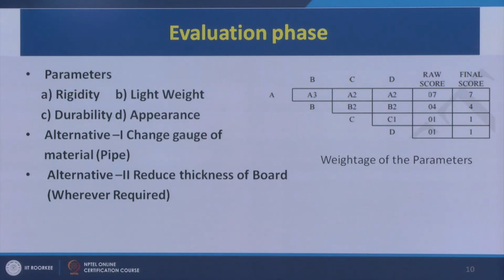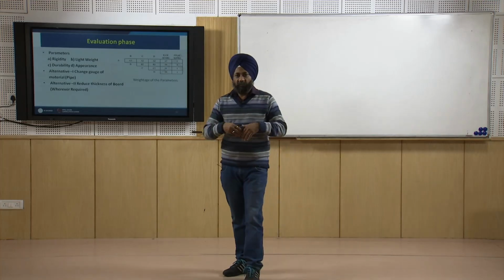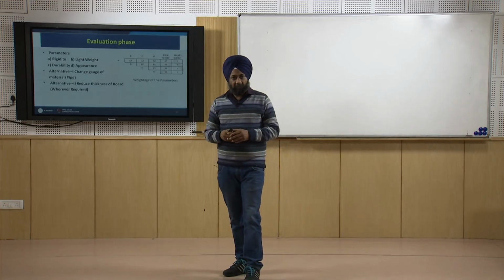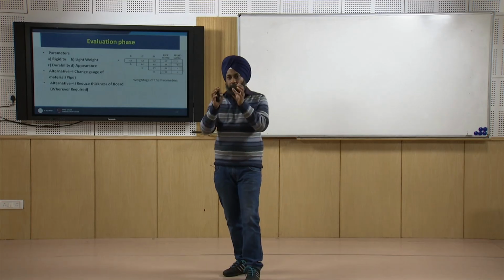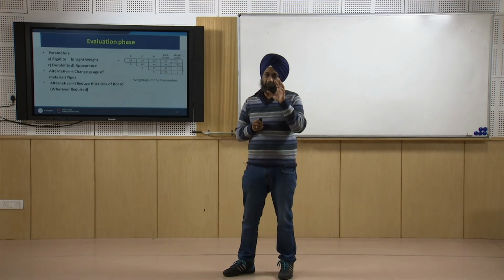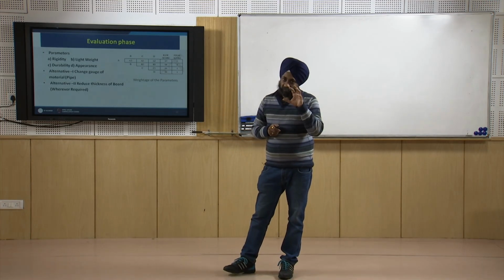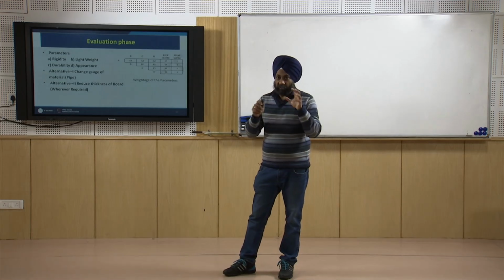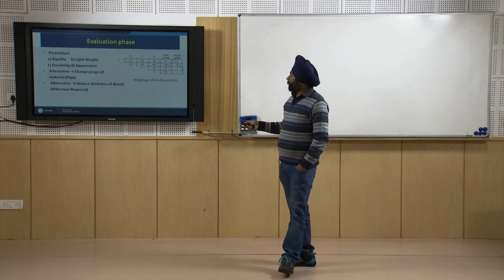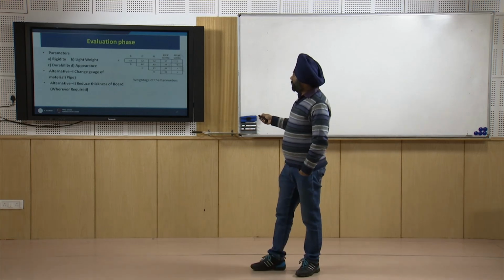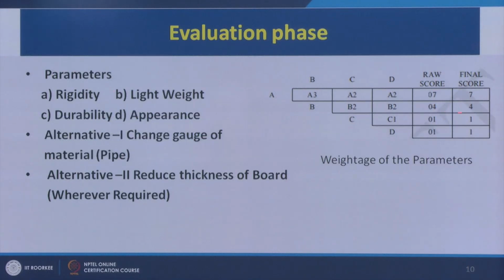In the case of a divan as a product, it will always be covered by a bed sheet or mattress, so appearance is not a prime criterion for this analysis, but rigidity is very important, weight is also important and durability is important. So the highest score goes to rigidity, second to lightweight, third to durability, and fourth to the aesthetics or appearance.